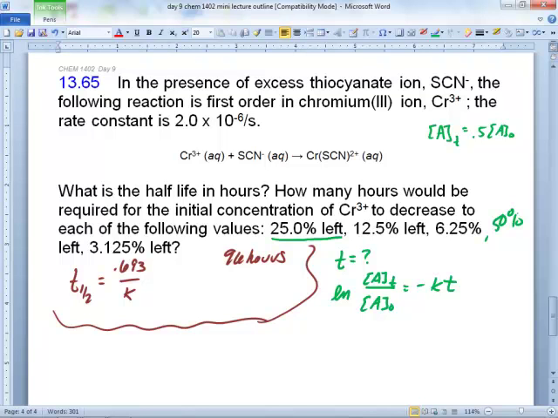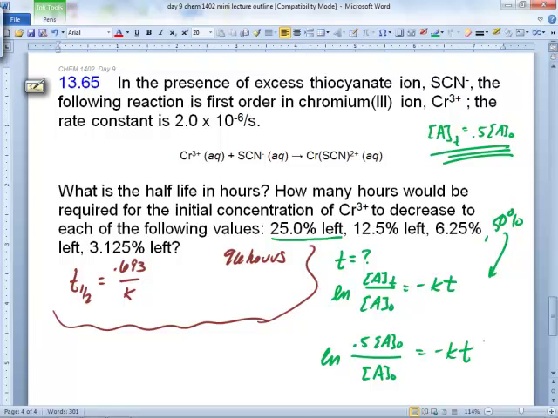All right, let's just do the 50% one. So you'd have a natural log of 0.5 A0, because that's the concentration of A at time t. Didn't we just say that? So I'm just substituting it. The bottom is A0. It's just going to cancel out.